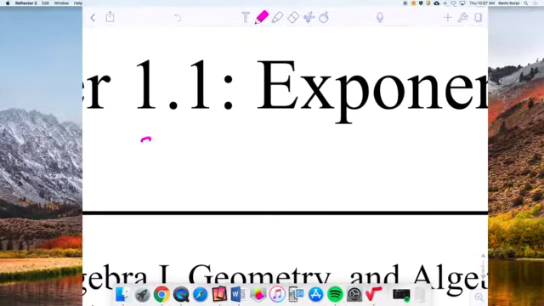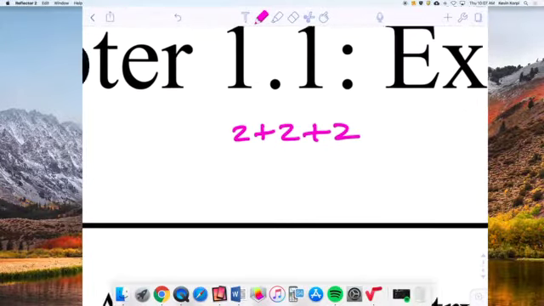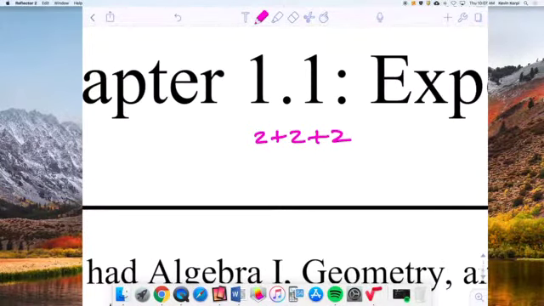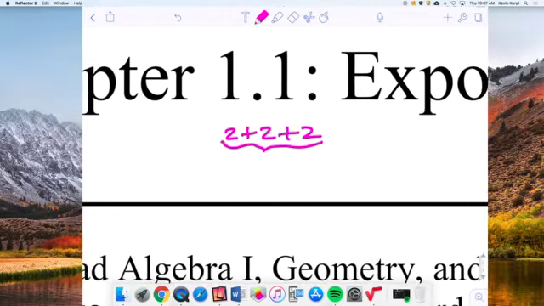So back in little school, and I refer to that often, whatever grade that was for you, you learned addition, right? 2 plus 2 plus 2. But then you realize that if you have repeated addition and you have multiple terms, you can abbreviate that process using what operation? Multiplication, right? You could say, oh, I have 3 of those terms. So multiplication is really just abbreviated addition.